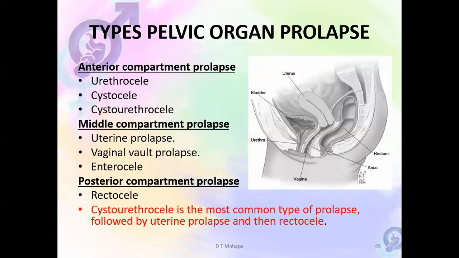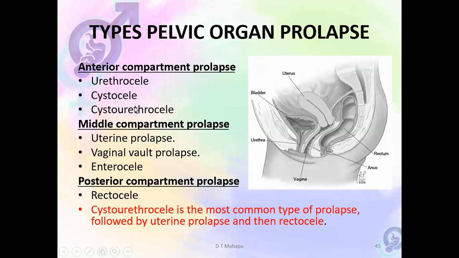Let's discuss this pelvic organ prolapse compartment by compartment. We divide the pelvis into 3 compartments: anterior, middle, and posterior. In the anterior compartment, we've got the urethra. If the urethra prolapses, it causes a urethrocoel. If the bladder prolapses, it causes a condition called cystocele.